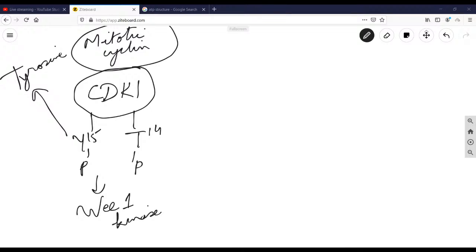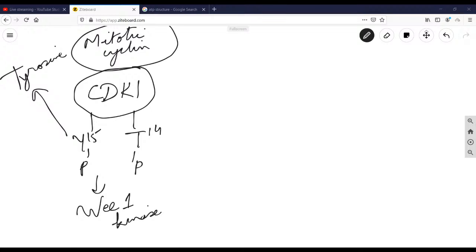The CDC25 will dephosphorylate the CDK1, and also the active mitotic CDKs will keep on stimulating the CDC25, that is an auto feedback loop, and that will also inhibit V1 by phosphorylating the V1.